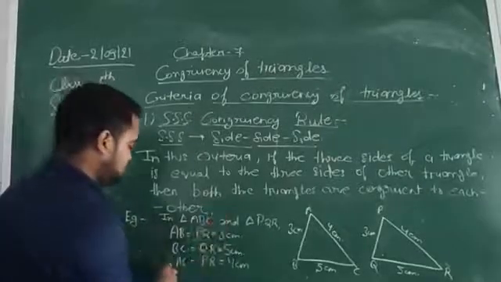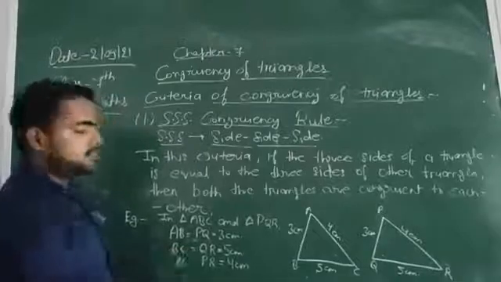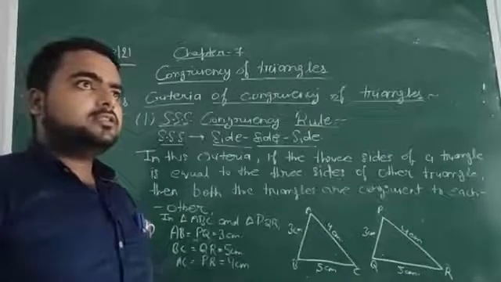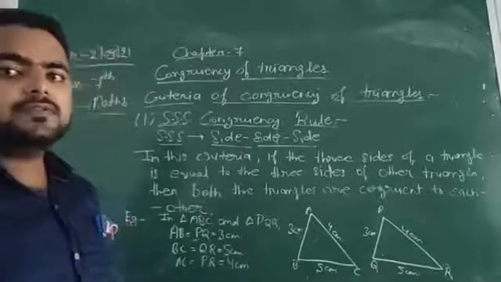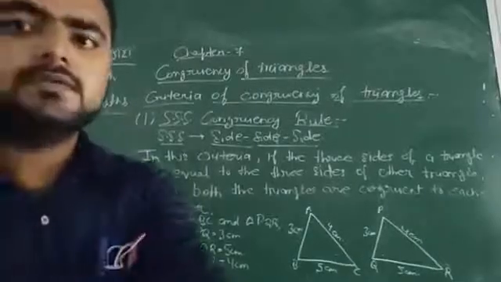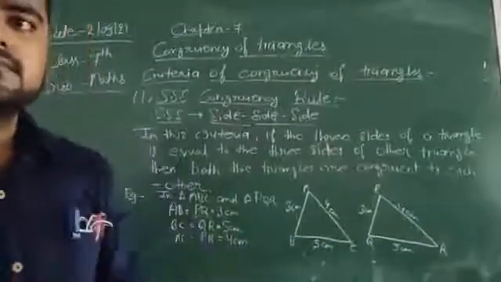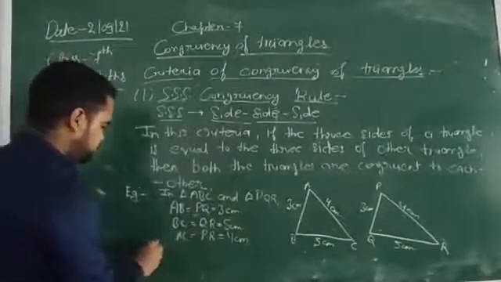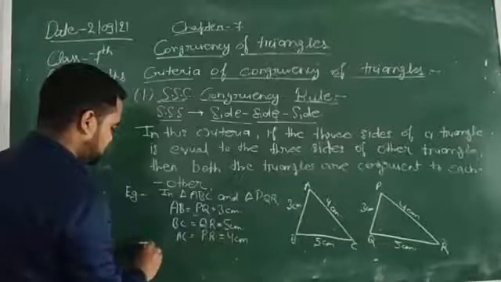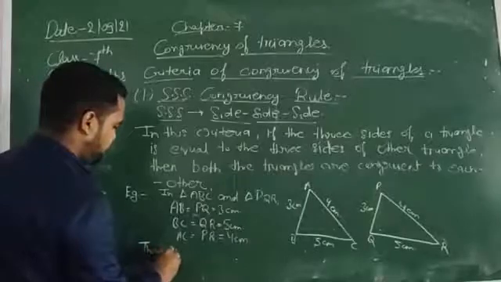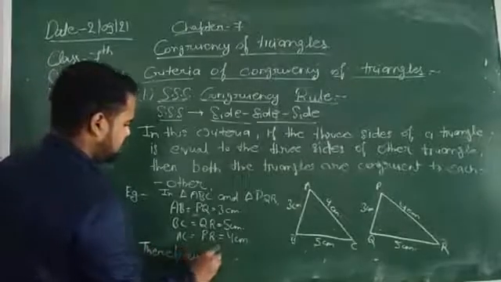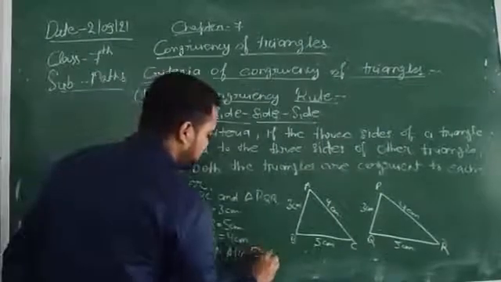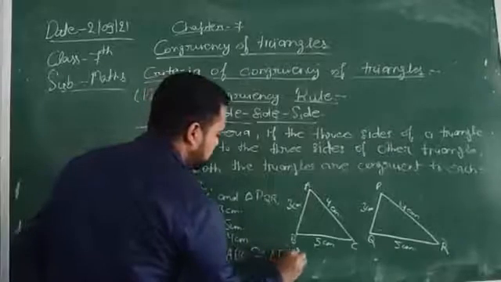Here we can find that all the three sides of triangle ABC is equal to all the three sides of triangle PQR. Therefore, triangle ABC is congruent to triangle PQR.